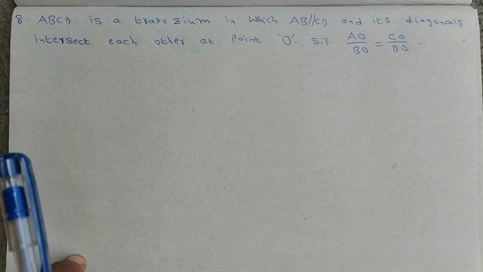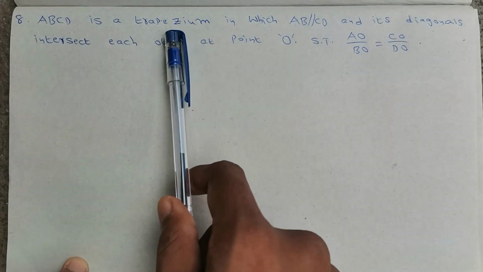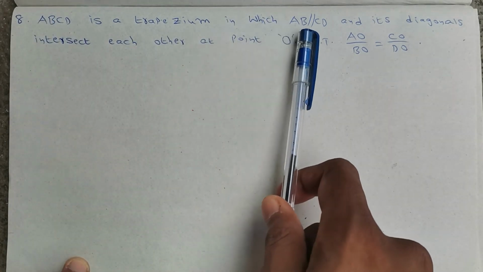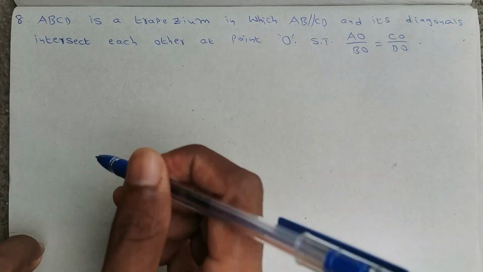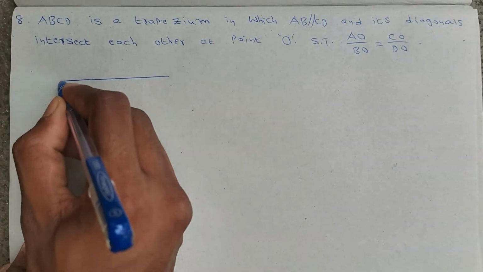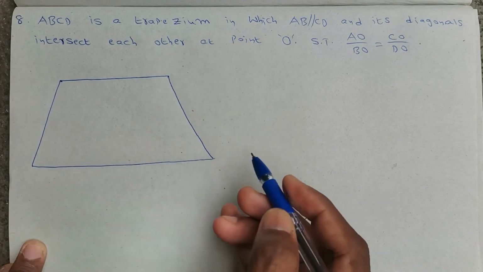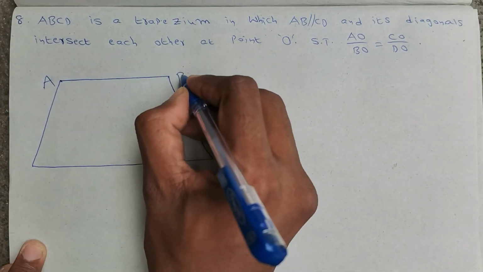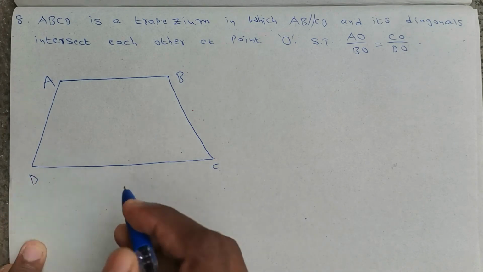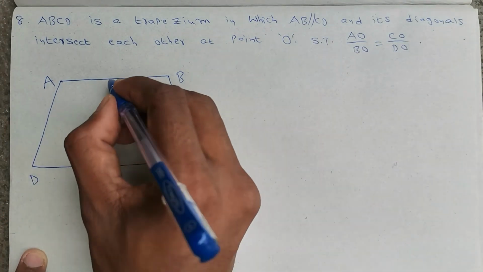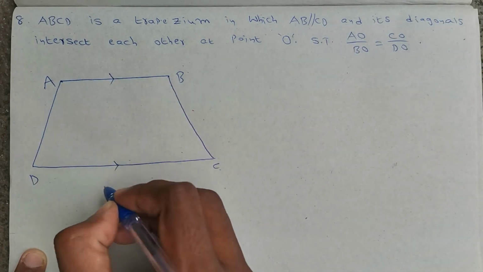Next, question number 8: ABCD is a trapezium in which AB is parallel to CD. We have a trapezium A, B, C, D. AB is parallel to CD. This AB line is parallel to CD line.